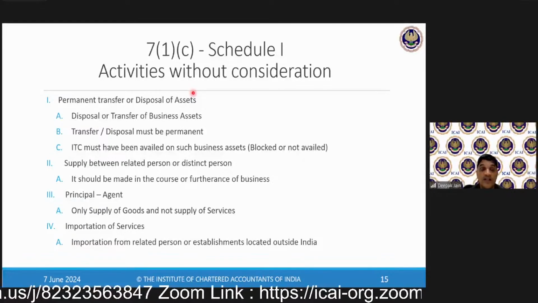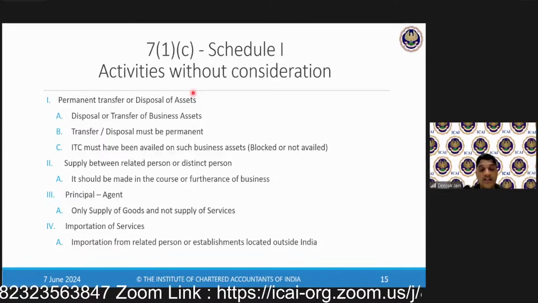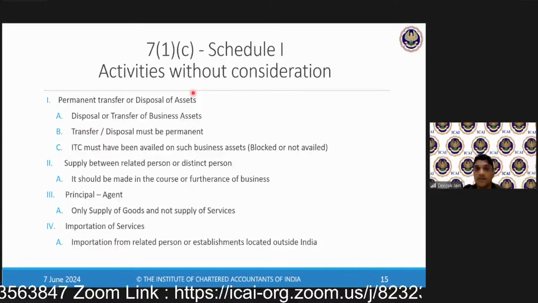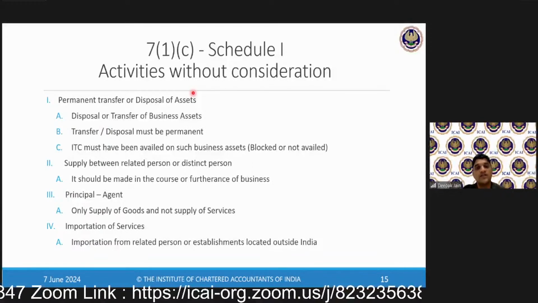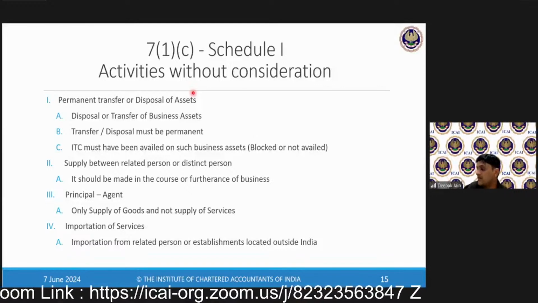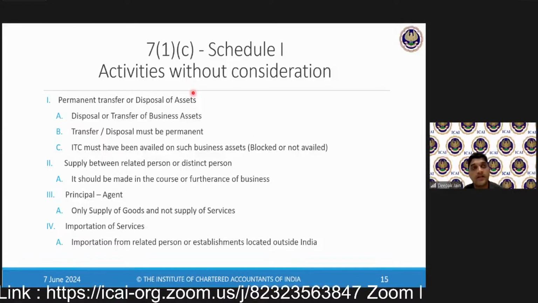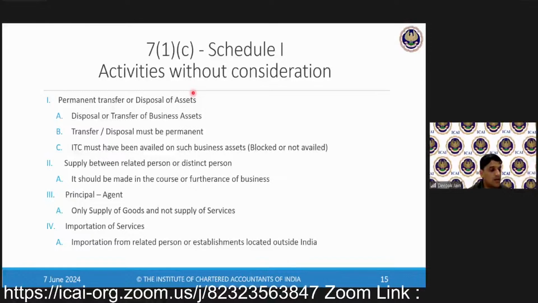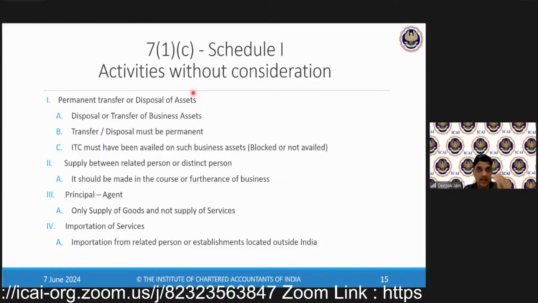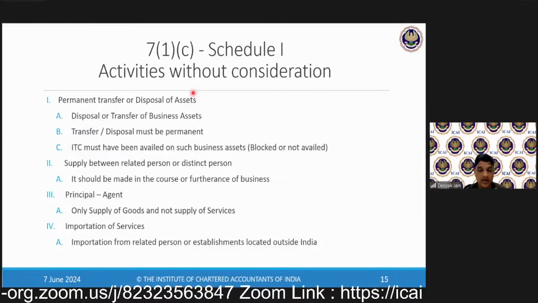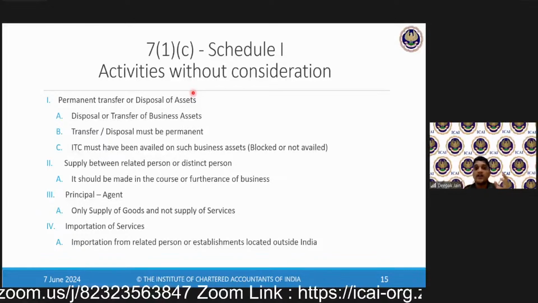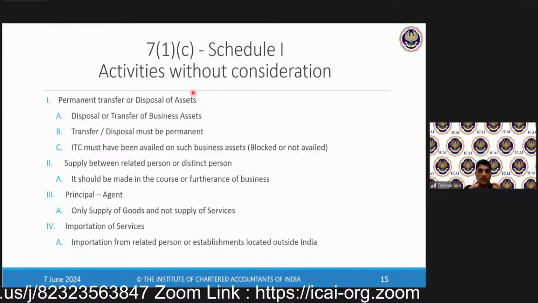Then supply between related persons or distinct persons. Like we have seen, any kind of a transaction between related persons or a distinct person. Now, a very good thing that will come is, what is the meaning of distinct person? Distinct person means a person who is registered under GST and having another branch. Okay.